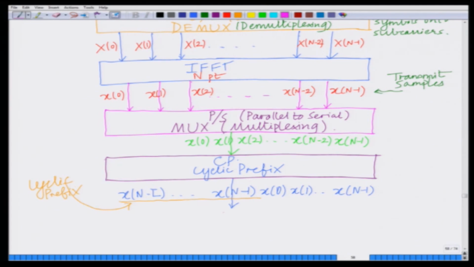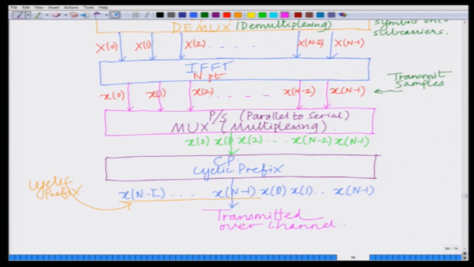And now these samples are transmitted over the channel. So, we have our samples small x 0, small x 1, up to small x n minus 1. We add the cyclic prefix of L bar samples, that is x of n minus L bar, x of n minus L bar plus 1, until x of n minus 1.